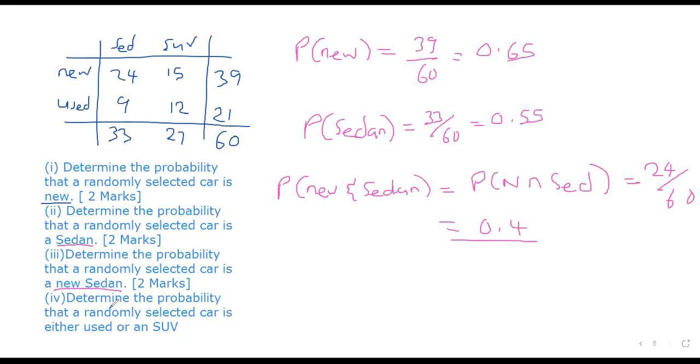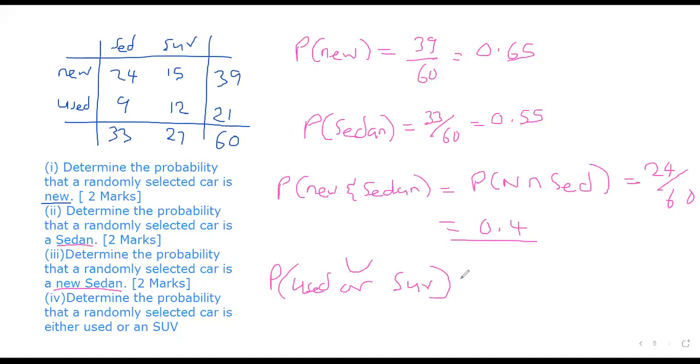Then finally, find the probability that the car was either used or SUV. What do we do there? Used or SUV. Or means what? Union. That's the union. Exactly.